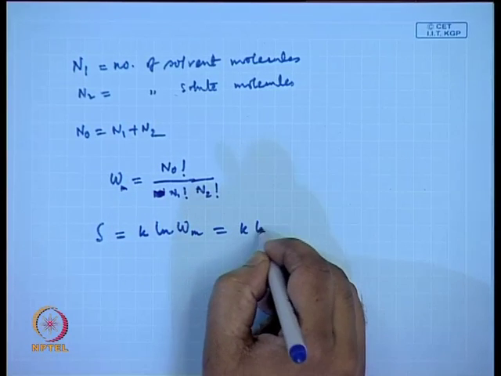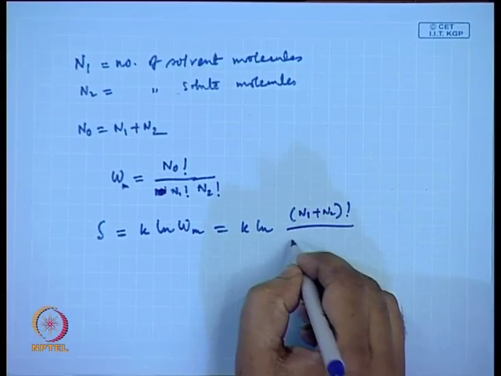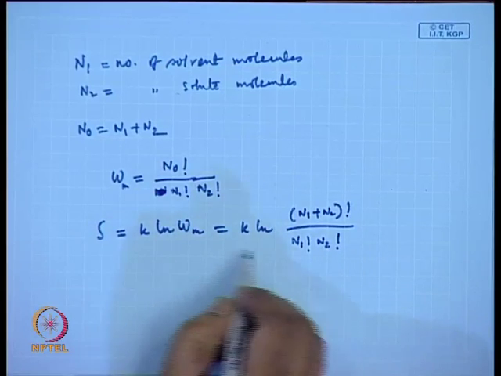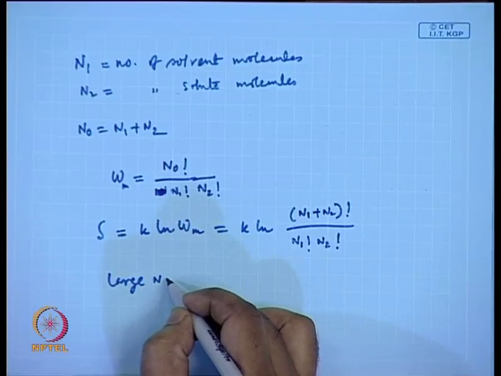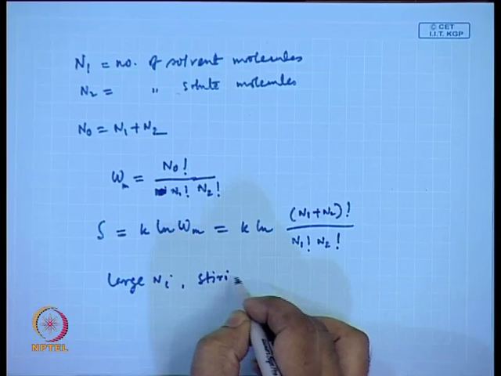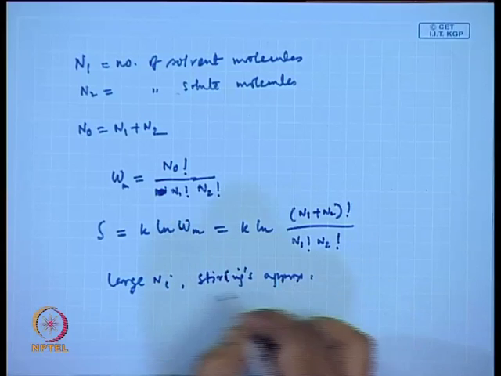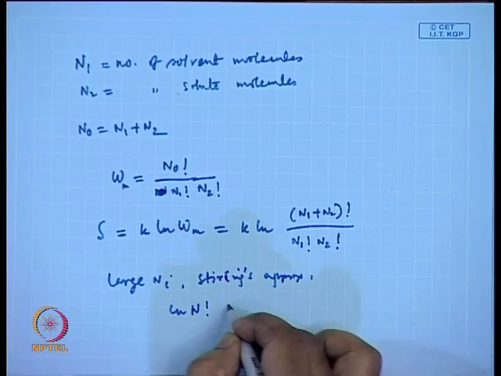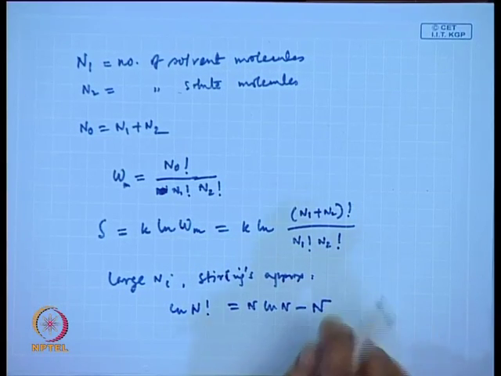I will just do quickly, plus N2 factorial divided by N1 factorial and N2 factorial, and for large values of Ni, the Stirling approximation gives you ln N factorial is, this is from your previous mathematical knowledge.